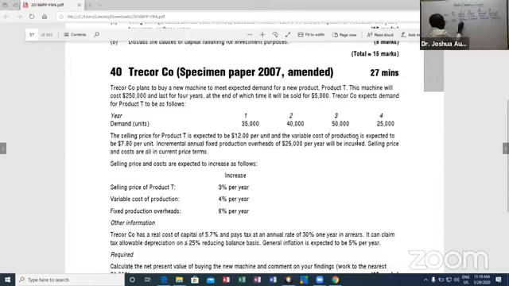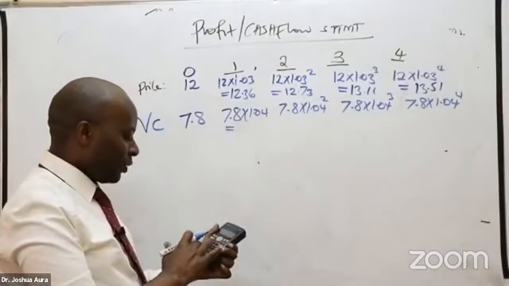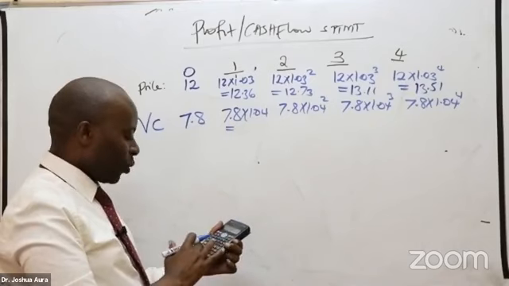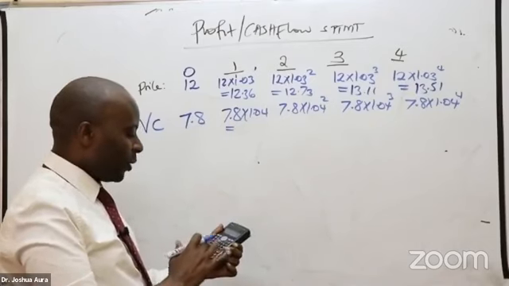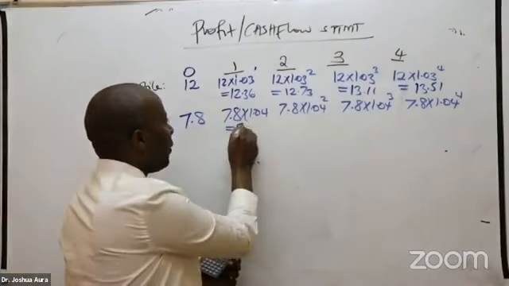So now come and give us these parameters. So 7.8 times 1.04, what do we have? I have a good calculator here. We have 7.8 times 1.04, to 2 decimal places. Here we have 8.11.